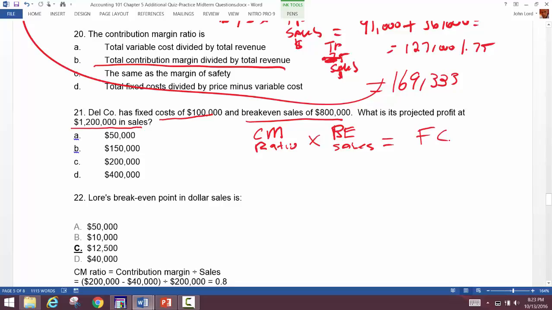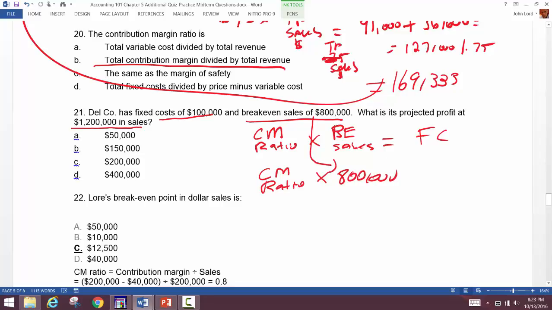We've said that 52 times now, right? Okay, so then I'm going to say, well, if that's the case, this problem didn't give me everything I need to get the contribution margin ratio, but it did tell me the break-even sales are 800,000, didn't it?